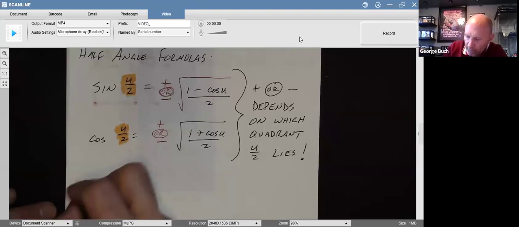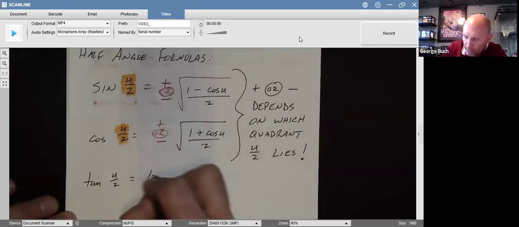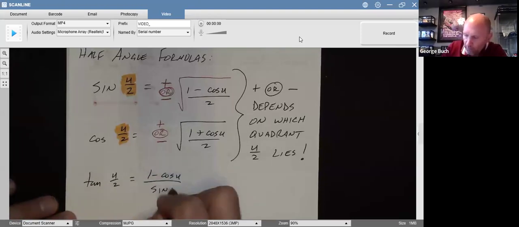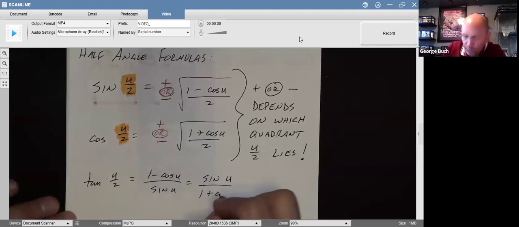And then lastly, tangent of u over 2 is 1 minus cosine of u over sine of u, which is also equal to sine of u over 1 plus cosine of u.